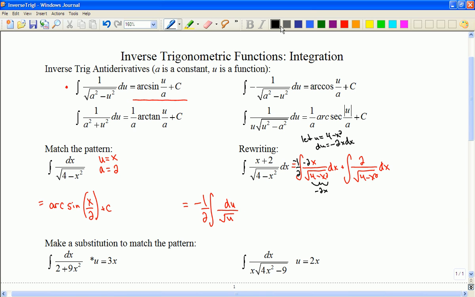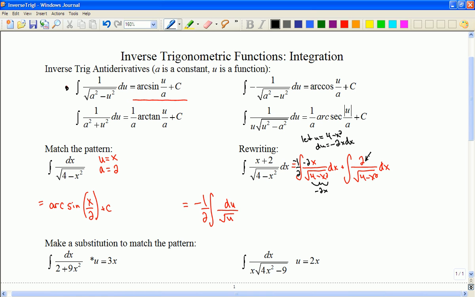For the second piece, if you think of your patterns here, I can't see a function in the derivative, so I know I'm not going to be able to use substitution or natural log or any of the other ones that we've talked about. So usually it's going to boil down to one of these. If I look here, I would match up the pattern, and there it is again, arc sine, just like we had before.